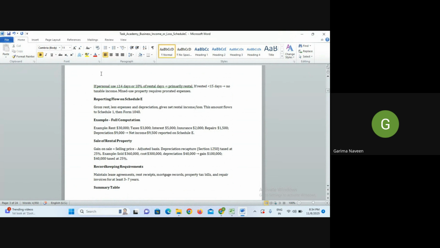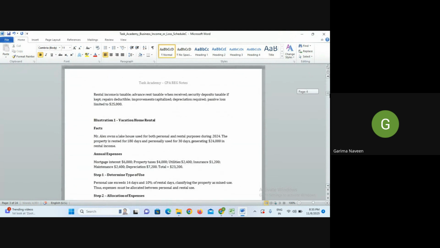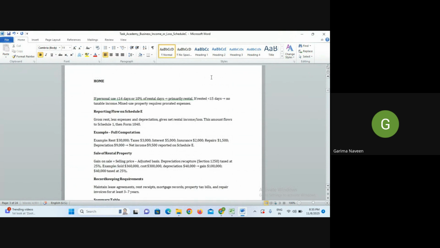So if you are using your home for personal use as well as rental use, if you are using it for completely rental purposes, then no problem. We already discussed it is a passive activity for you, and you can include your income and expenses in your schedule C and form 1040.